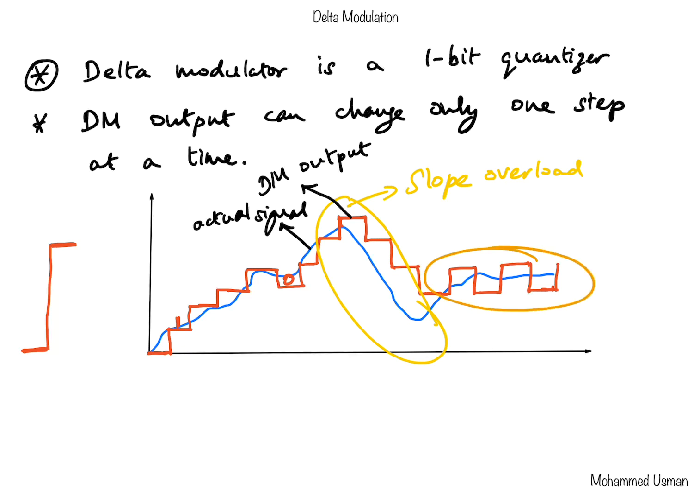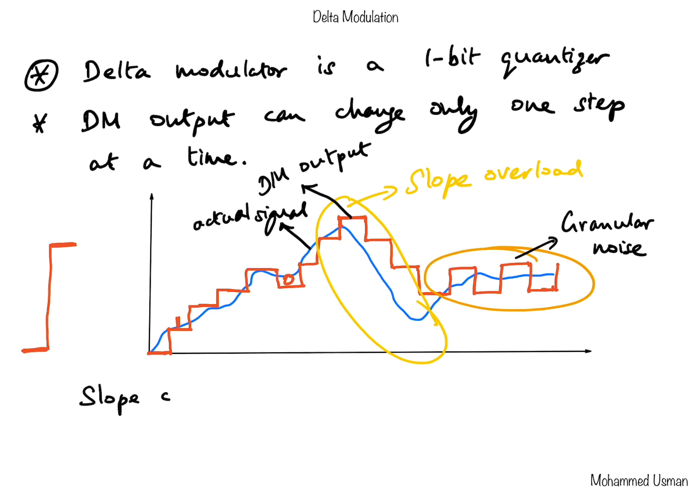So this component here represents granular noise, which occurs when the slope of the signal is small. So we have two points here.